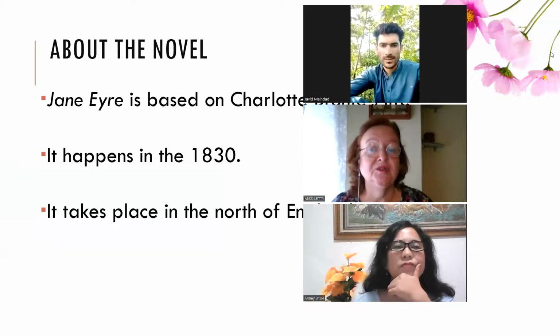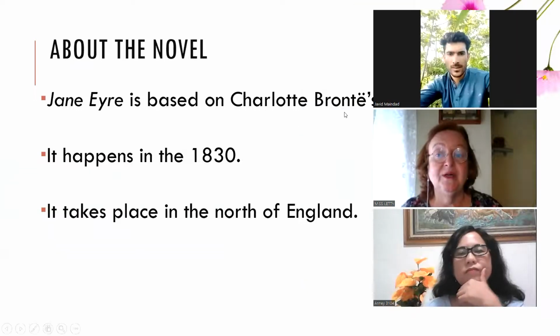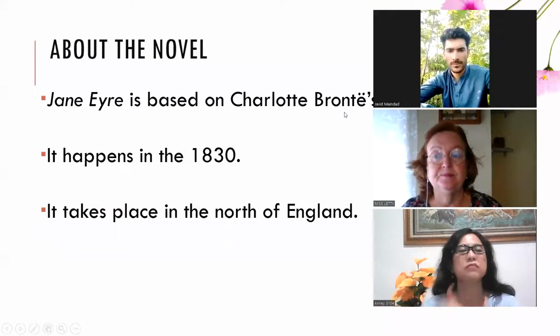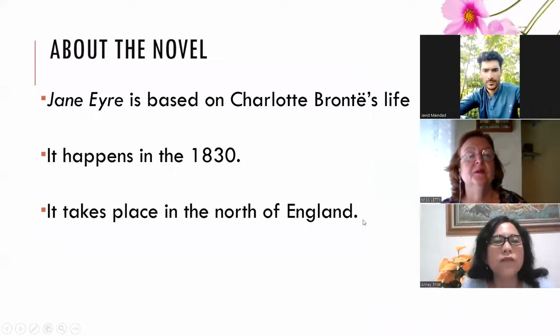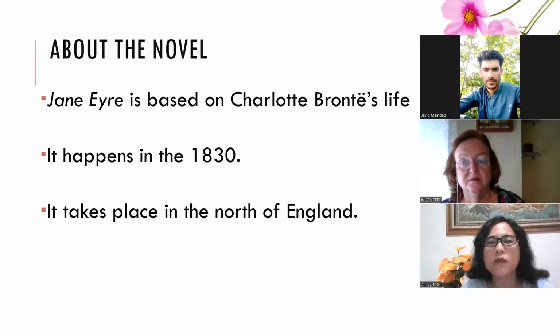Right, Annie, your turn. Can you read what you can see on the screen? About the novel: Jane Eyre is based on Charlotte Bronte's life. It happens in the 1830s. It takes place in the north of England.